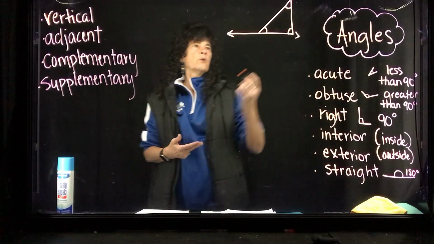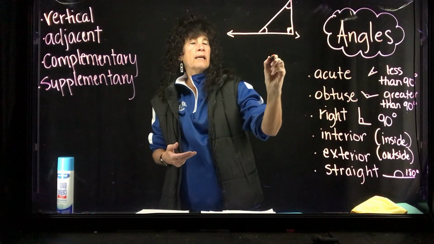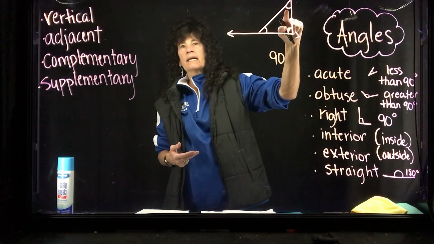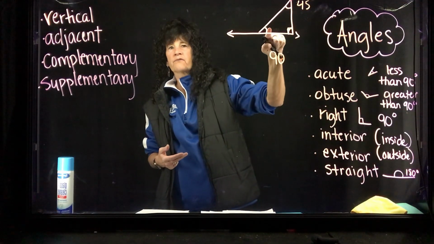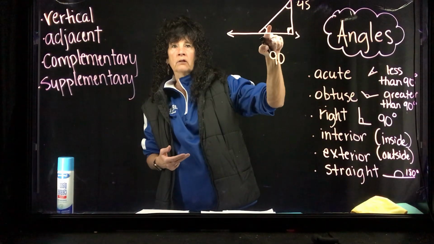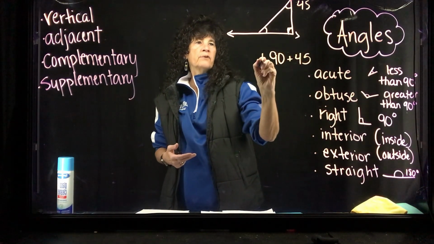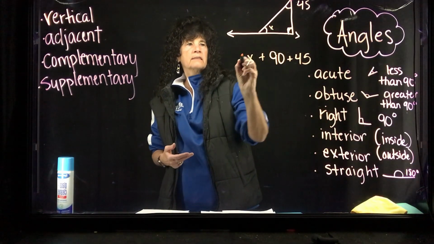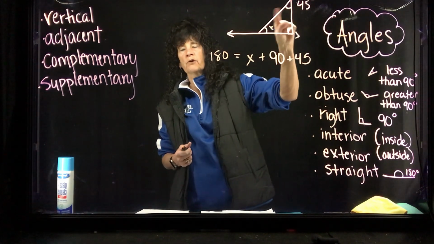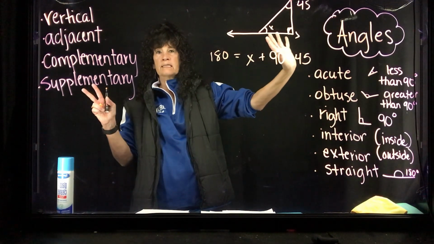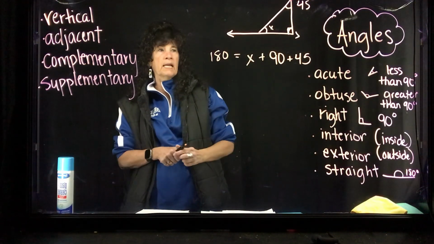So if I know that this is a right angle and it's 90 degrees, and I am told that this angle is 45 degrees, and I'm asked to find the third interior angle, I know that 90 plus 45 plus x, we'll call it x, is going to equal 180 degrees, because the sum of the interior angles of any triangle, no matter its size or what kind of triangle it is, is going to equal 180 degrees.